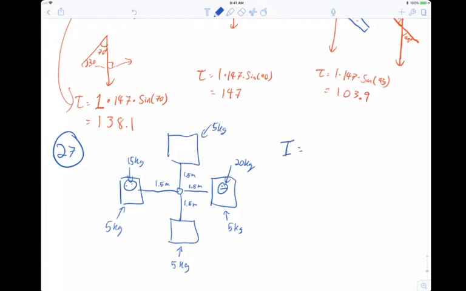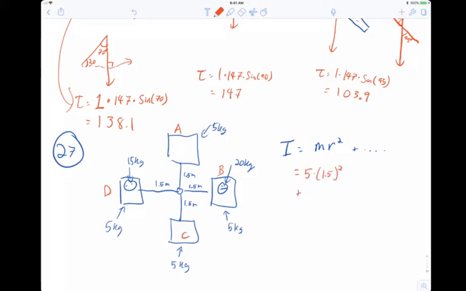The way to calculate the moment of inertia is just to go mr squared and add it up for each of the different objects in it. So let's do it wing by wing. I'll call this wing A, wing B, wing C, and wing D. Wing A has total mass 5 kilograms and is at a radius 1.5 squared.